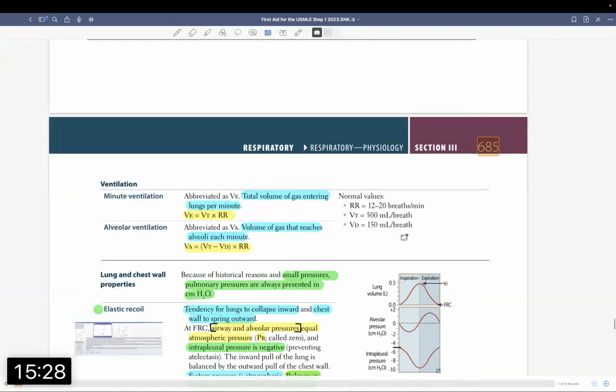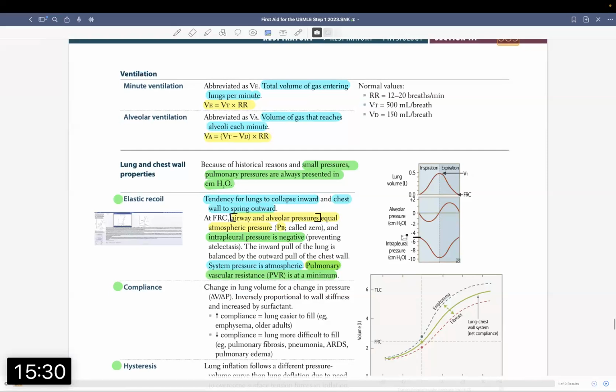So the point at the FRC, the midpoint, at that point the inward collapsing force of the lung is equal to the outward pull of the chest wall. That's 0 alveolar pressure, and that's -5 intrapleural pressure, right?